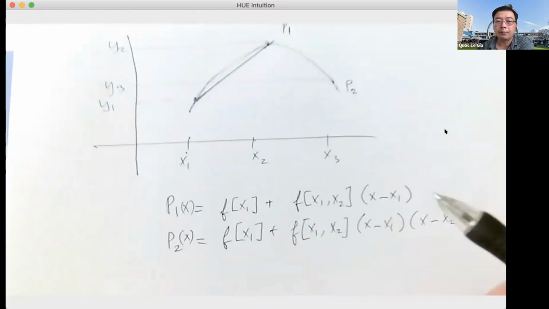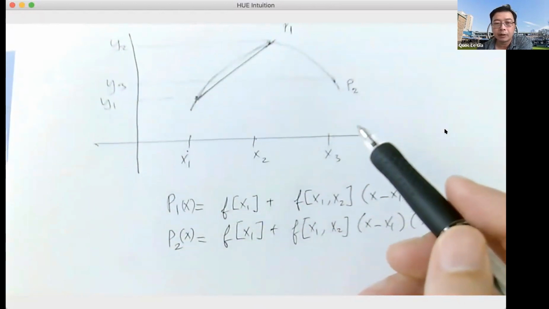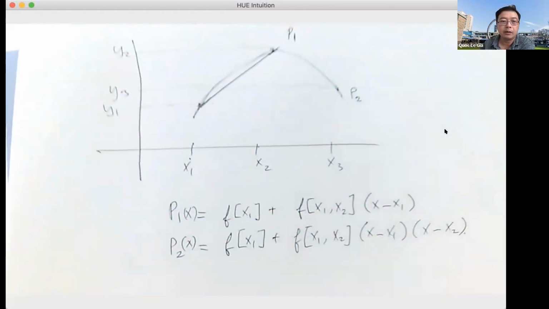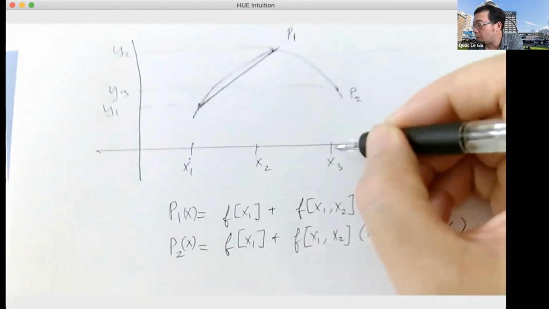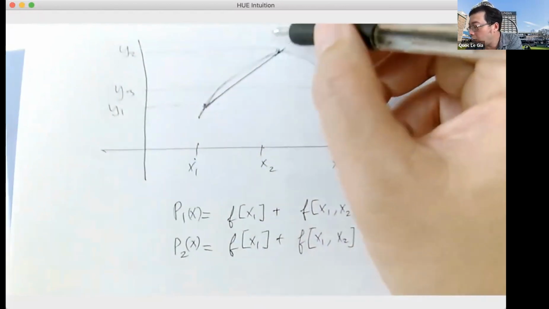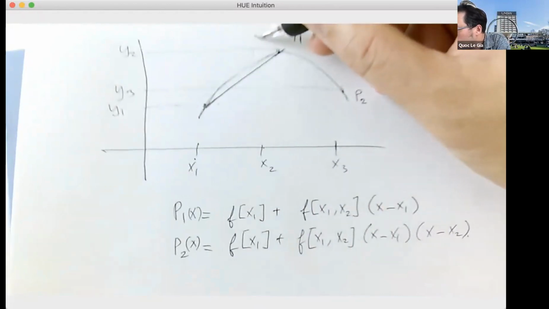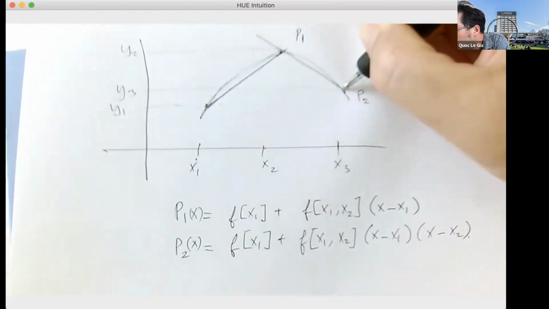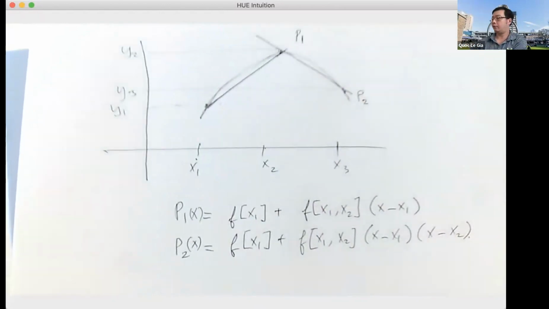But P2 can be constructed from the right, yeah? What do I mean by that? Why don't we construct P2 by first going from x3 back to x2, and constructing a line. So now the line goes through x2, x3. I forgot my red pen, but essentially you can see that.